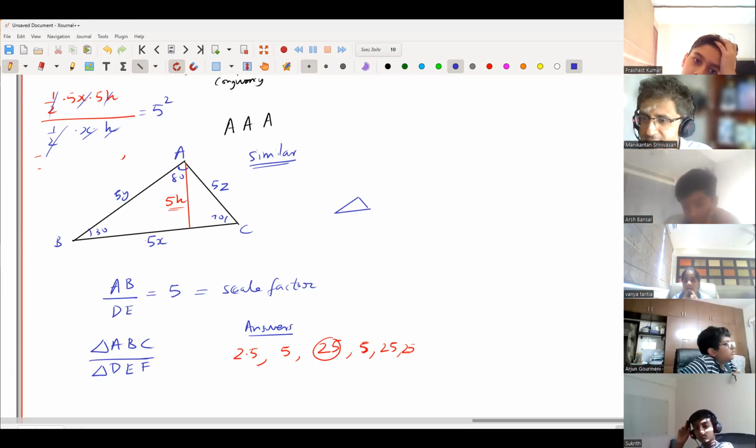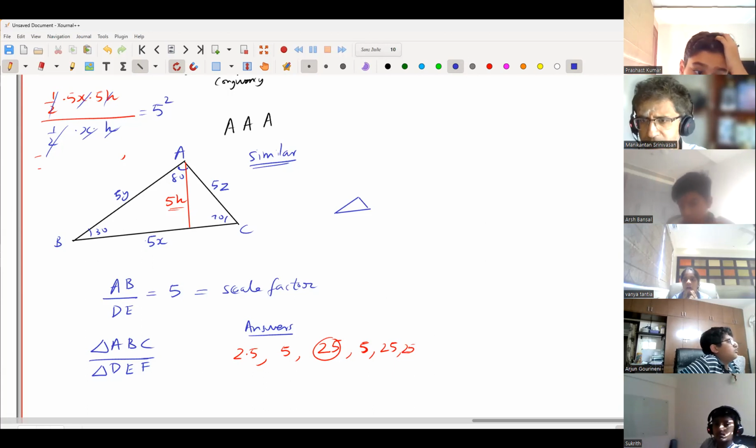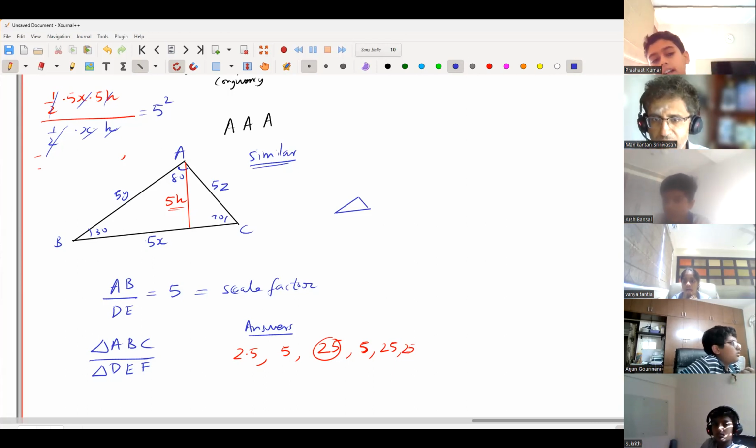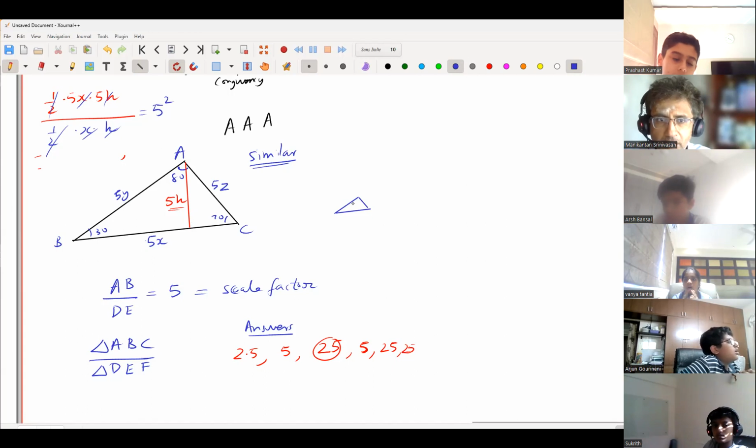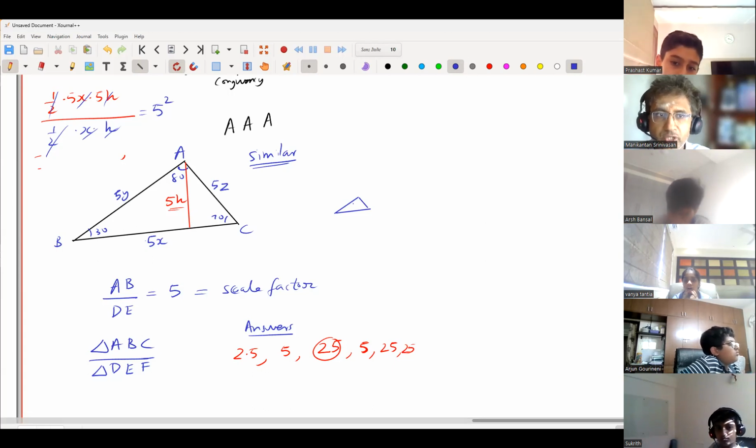So the ratio of areas is the scale factor square, and in fact, Prashant, does this make sense? Why it's 25 now? Sir, I didn't understand the last step that you did. The last step is finding the ratio of the two areas. Half into 5x into h upon half into x into h.